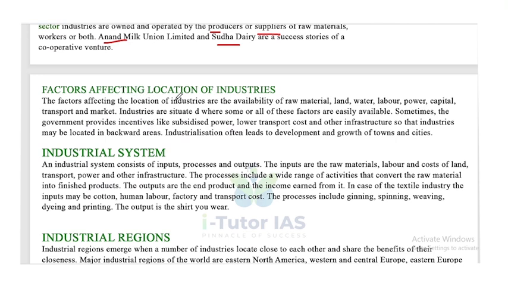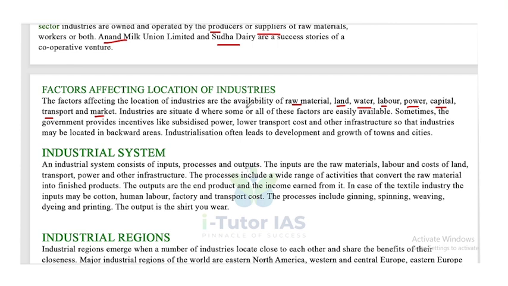Now, factors affecting location of industries. The factors affecting the location of industries are the availability of raw material, land, water, labor, power, capital, transport and market. Okay, so these are the factors which are affecting the location of an industry.